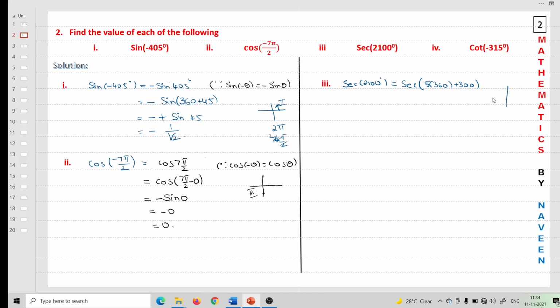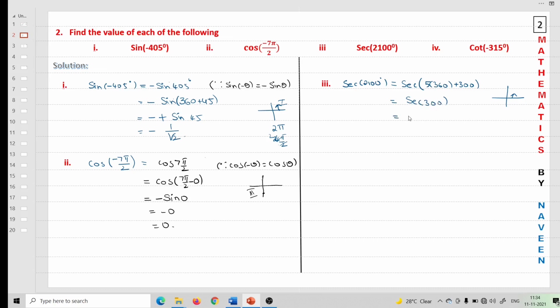See, 5 into 360, 5 times complete rotation, right? Plus 300 means increasing with some angle. So which is positive. So for that, I am writing it as all trigonometric ratios are positive, and pi by 2 is multiplied by here 20, I think, right? So it can be written as only secant of 300.